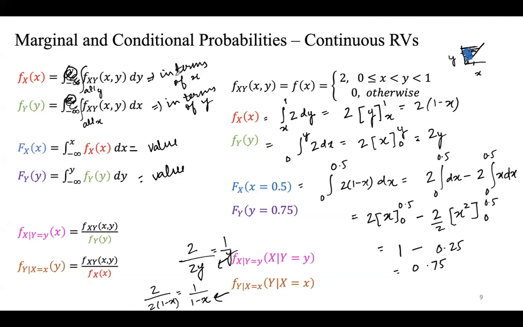So we have had the marginal probability, we have had the marginal cumulative probability, or just cumulative probability, and we have had the conditional probabilities for continuous random variable also. Last two. So what was this thing telling us or asking?